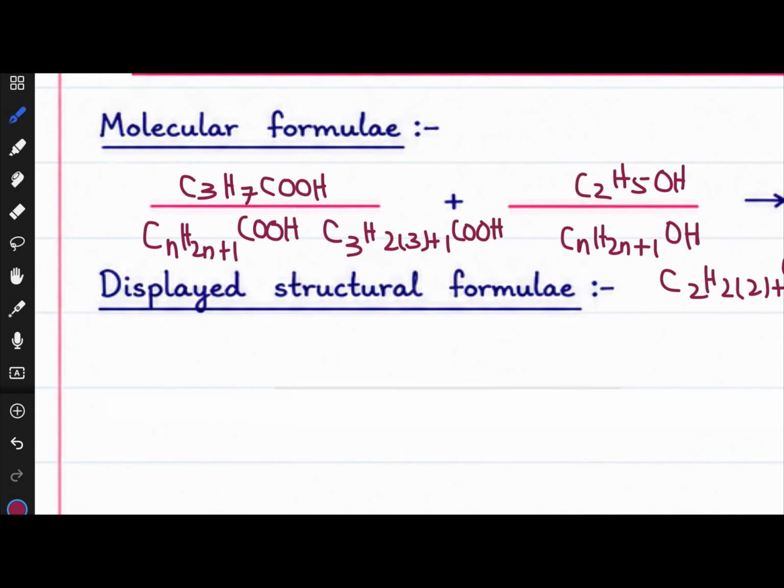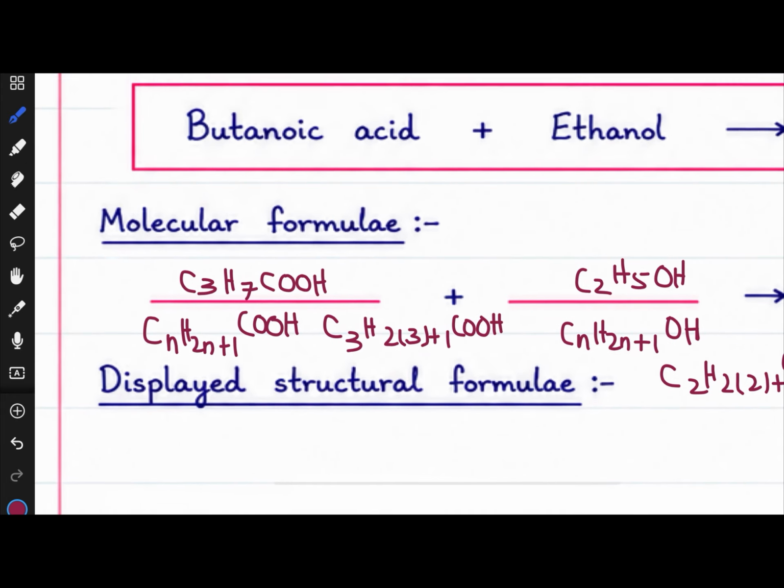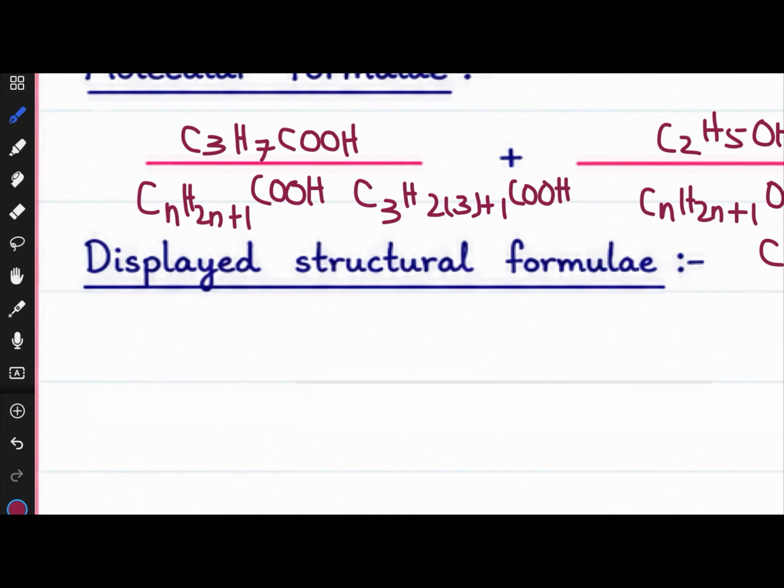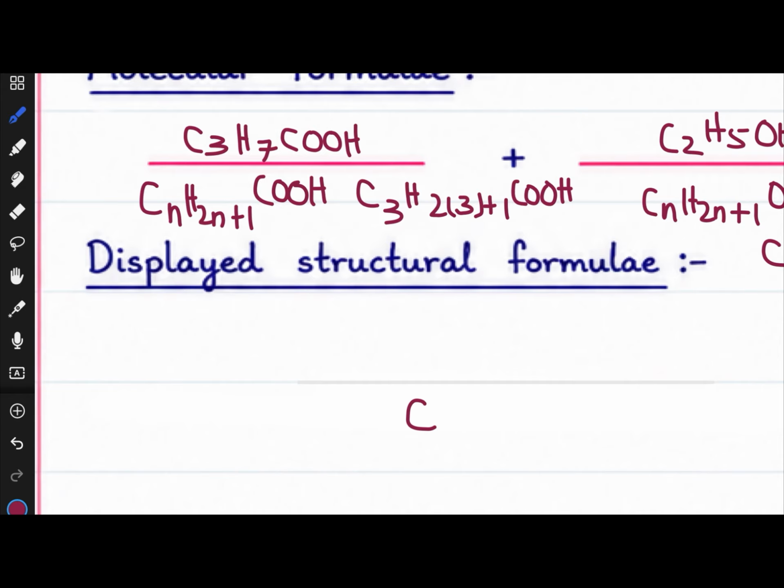Firstly, write down the displayed structural formula of butanoic acid. We're going to first draw our carboxyl group like this: C double bonded with O and then single bonded with OH. And now we have 3 carbon atoms to be written. So we're going to write 3 carbon atoms, and join each carbon atom together with a single bond.